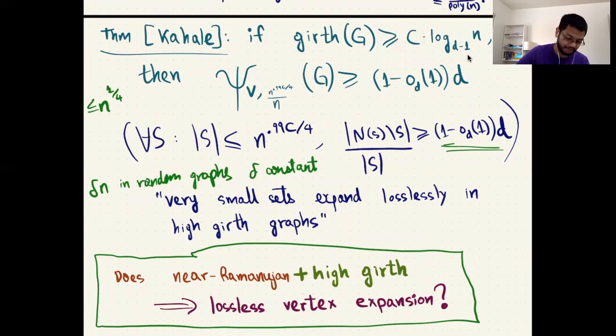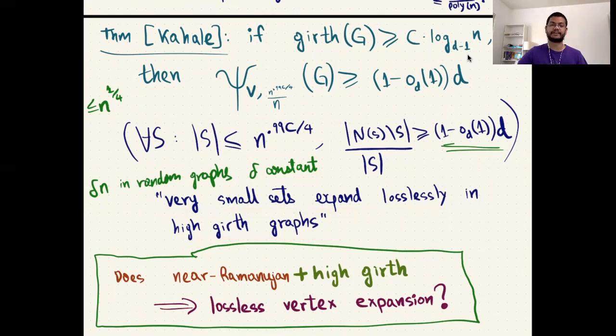So these sets are always of size at most n to the quarter or so. Those actually have near perfect vertex expansion. The vertex expansion of every such small set is 1 minus little o of 1 times d. And a simpler way to say the same statement is very small sets within a high girth graph expand losslessly.